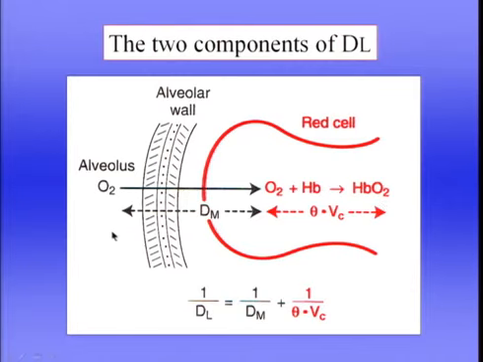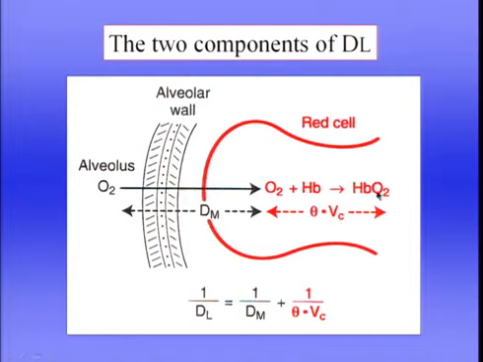You see we're dividing the process, the uptake of oxygen in this case, which also could be carbon monoxide, into two processes. The one is the diffusion through the blood-gas barrier and through the contents of the capillary until it combines with the hemoglobin. We're going to call that DM, M for membrane. So that's the diffusing capacity of that membrane. That's the physical diffusion process there.